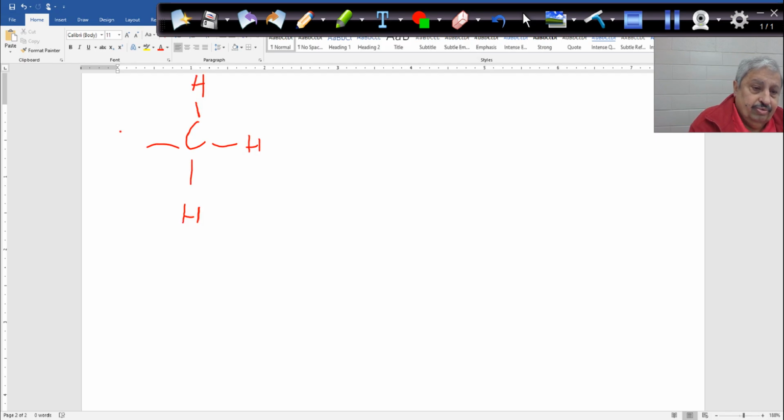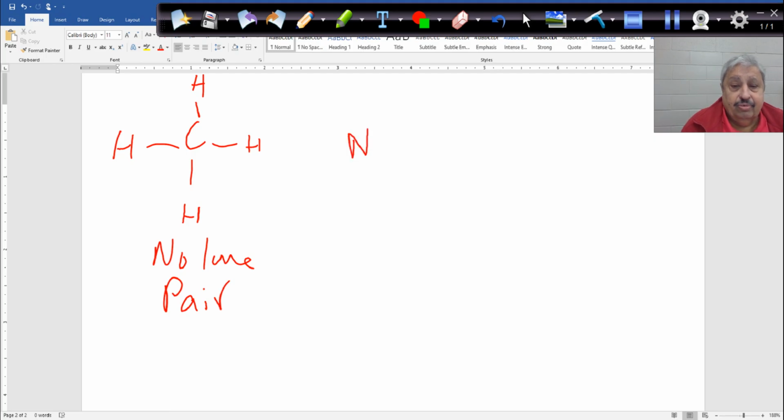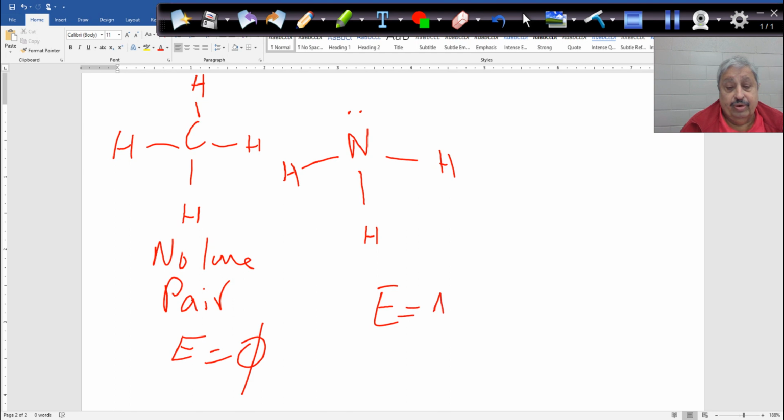There is no lone pair, correct? Now we'll introduce one lone pair. So E equals 0, lone pair is 0, E equals 1, correct?